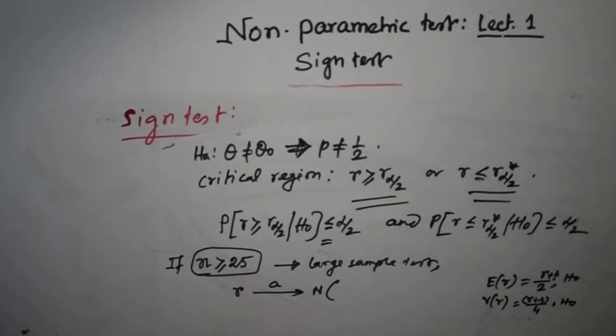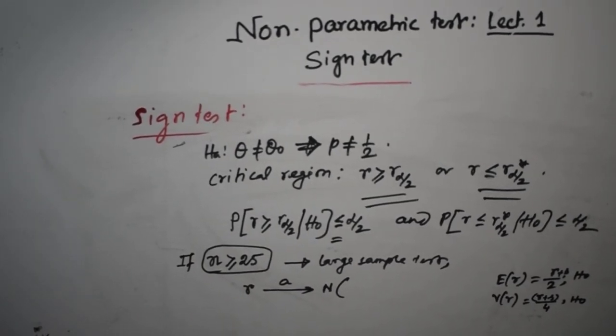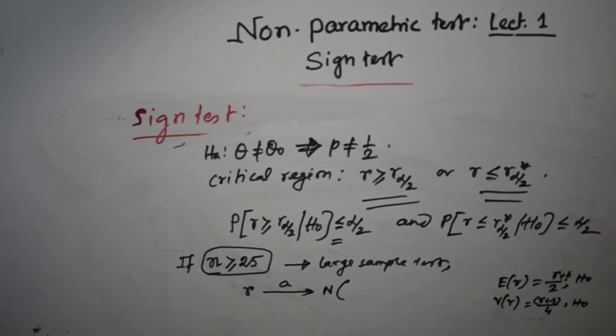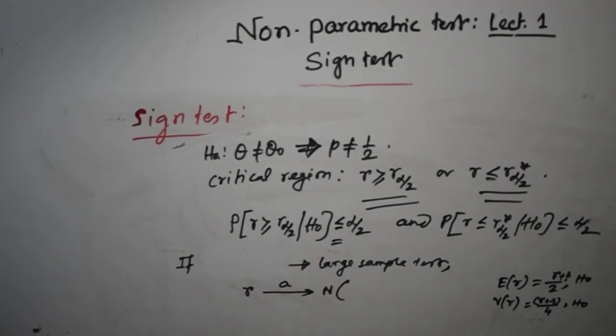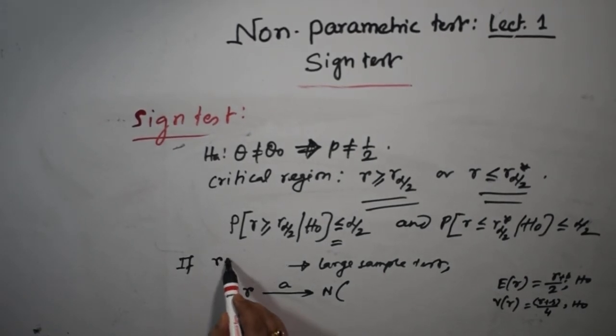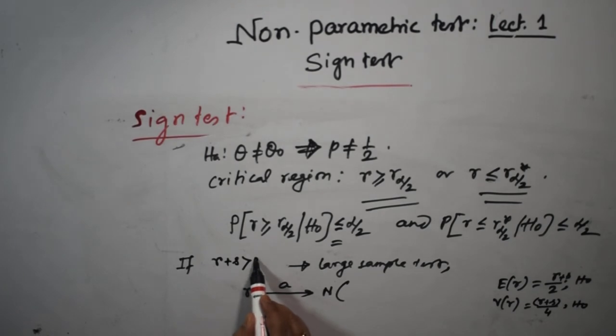So here I mention one thing: n greater than or equal to 25 is not correct, because we consider R plus S instead of n. So it is better to write R plus S should be greater than 25.